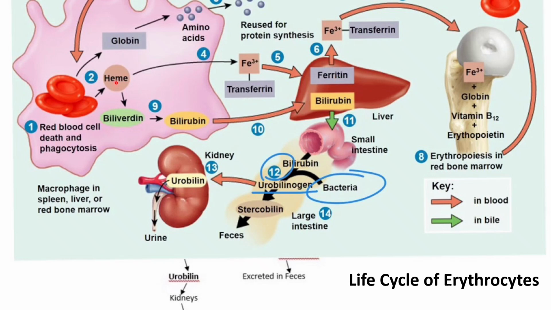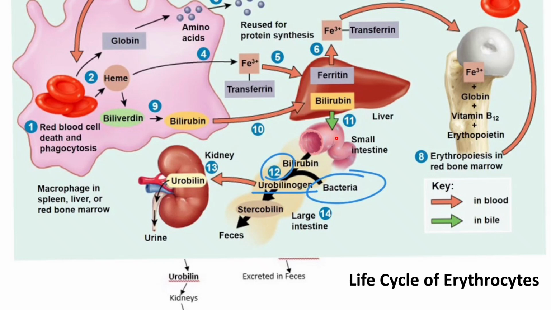And the other part of the heme is called biliverdin. Biliverdin is converted into bilirubin, and the bilirubin from the liver is now going to be channeled into the gallbladder, and together with the bile, it is going to be secreted into the small intestine.